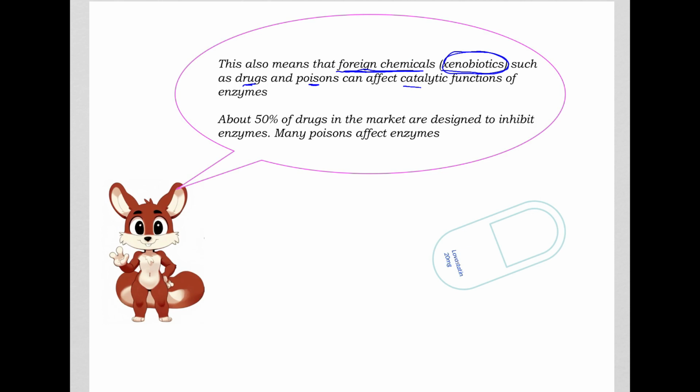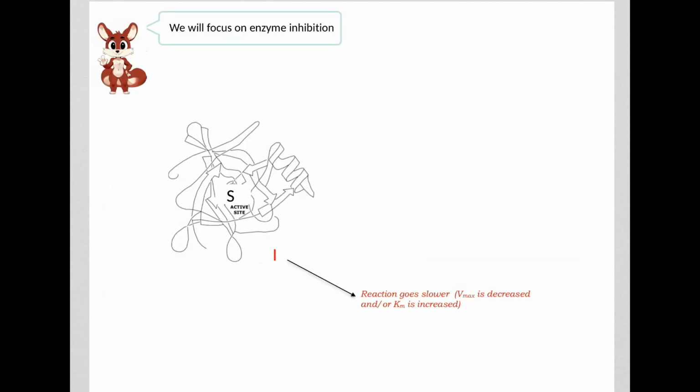In fact, about 50% of drugs in the market today have been designed to inhibit specific enzymes in the body. Many poisons also affect enzymes. In this video, we shall focus on enzyme inhibition. In future videos, when we talk about metabolism, we will talk about enzyme activation.